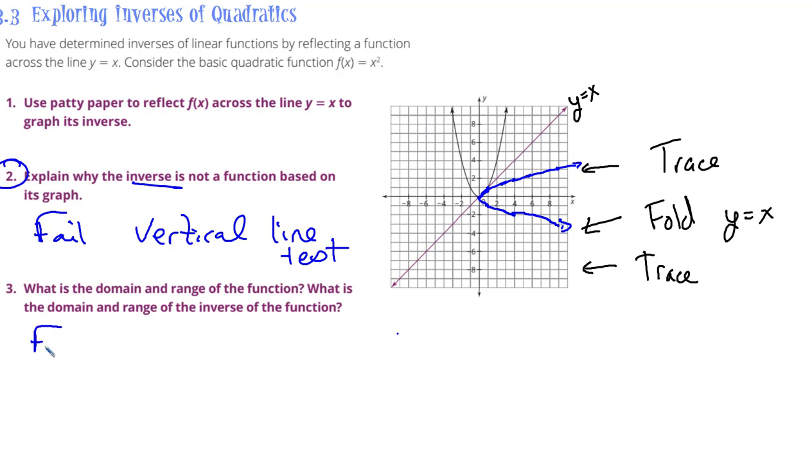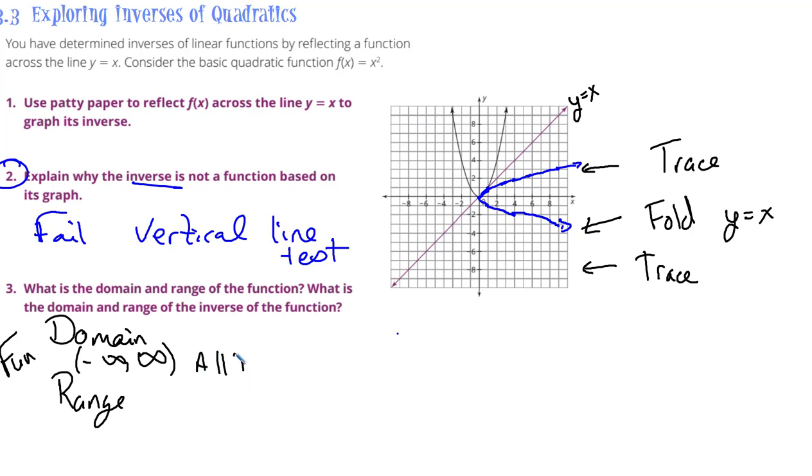So of the function, the domain and range: the domain was from negative infinity to positive infinity, or all reals. And the range was from 0 to positive infinity, or you could have written it as y is greater than or equal to 0.